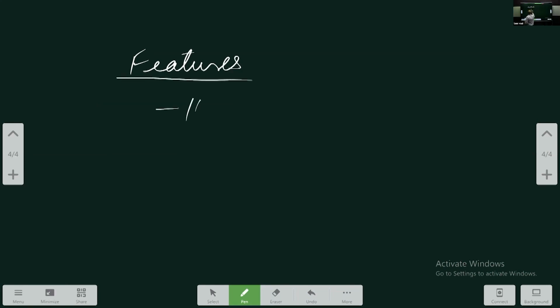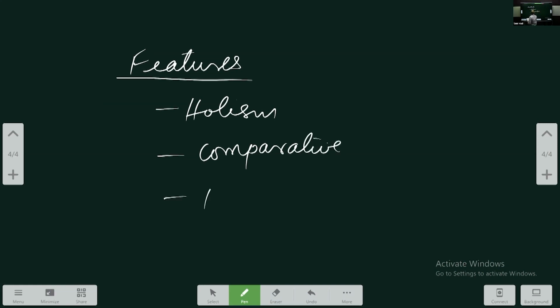Essential features like holism, comparative approach, historical approach, these are some of the unique features of anthropology that set it apart.